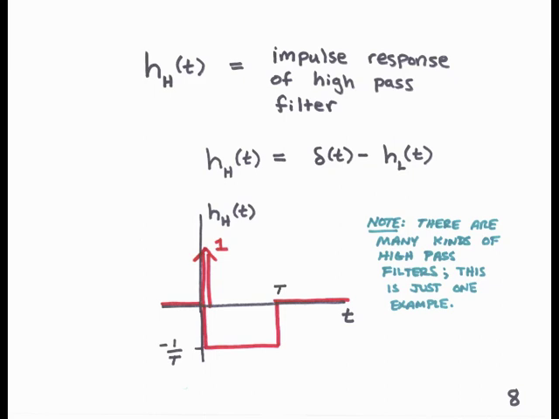It has a Dirac delta at time 0. Then it is negative 1 over capital T from 0 until capital T, and it's 0 otherwise. Now, it should be noted there are many kinds of high-pass filters, and this particular one that we derived from the pulse low-pass filter is just one example.